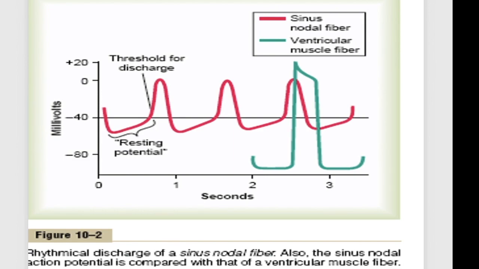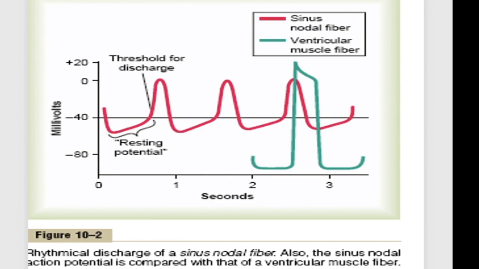If we talk about the refractory period of cardiac muscle, then the atrial absolute refractory period is 0.15 second, while the ventricular absolute refractory period is 0.25 to 0.3 seconds.